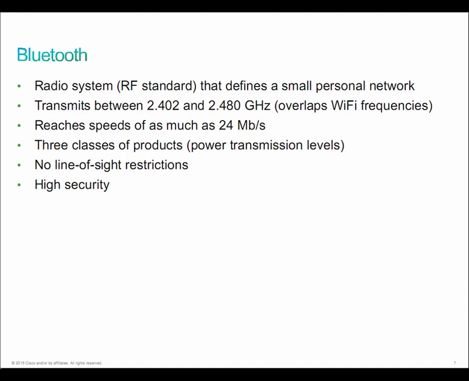The reason why we see 2.402 and 2.480 gigahertz listed here is because that happens to fall within the ISM bands. Like I said, there are essentially three different specifications for the industrial, scientific, and medical frequencies, and 2.4 gigahertz happens to be one of those.